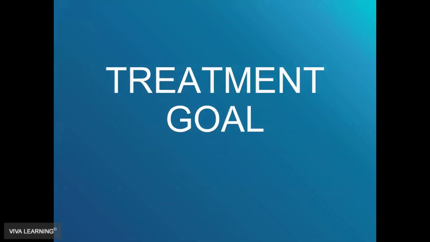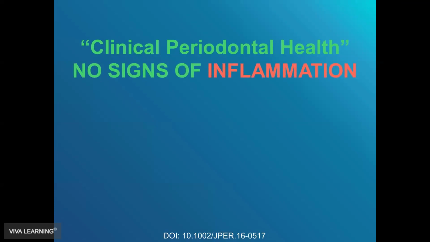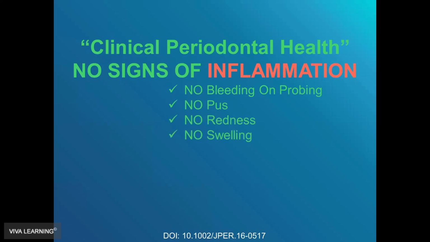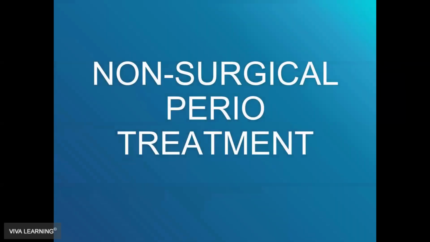So what are our treatment goals here? Well, we're looking for clinical periodontal health. And that means no signs of inflammation, no bleeding on probing, no pus, no redness, no swelling. That's our goal. It is actually attainable. So what kind of treatment are we talking about? Well, I'm going to venture a guess that for most of the participants this evening we're talking about non-surgical perio treatment. If you are doing full flaps and osseous recontouring, props to you.